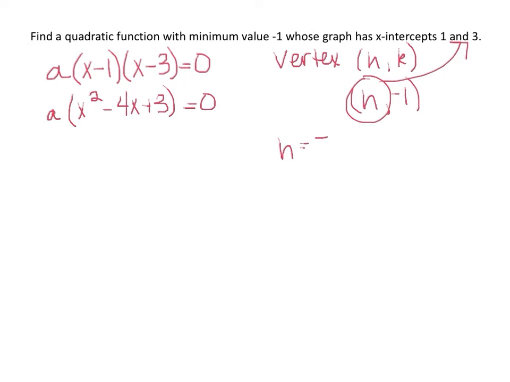This h value is directly in between these two numbers. Sorry, brain freeze there. So h is equal... we're trying to find the average of 3 and 1, and for that we get 2. So h is 2, so our vertex is actually located at 2, -1. And really we should have set this equal to y, so that we can figure out a.